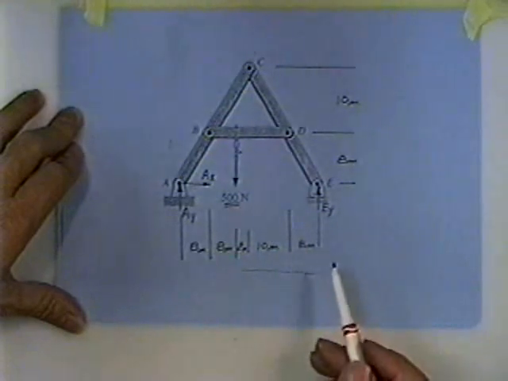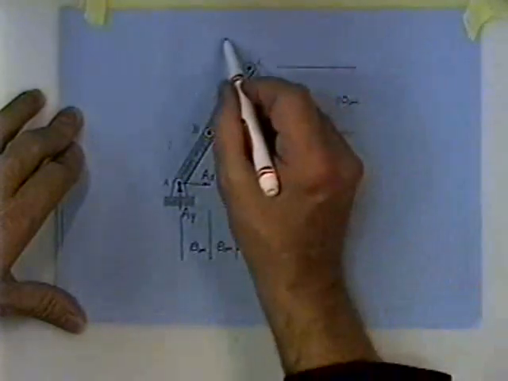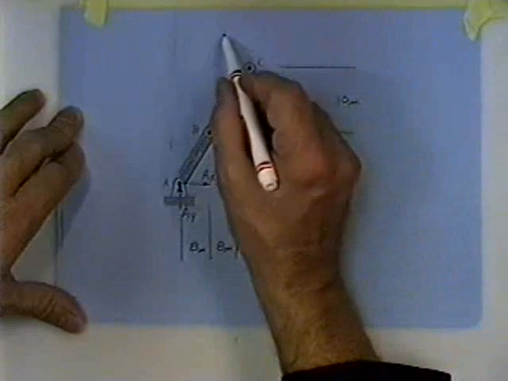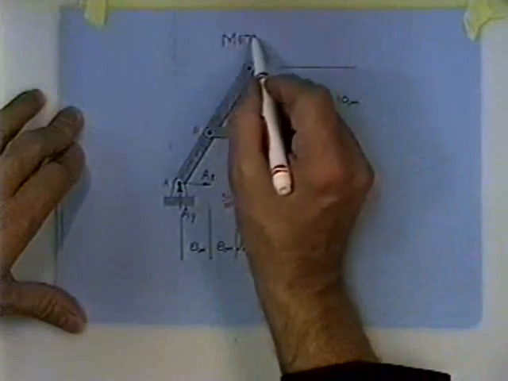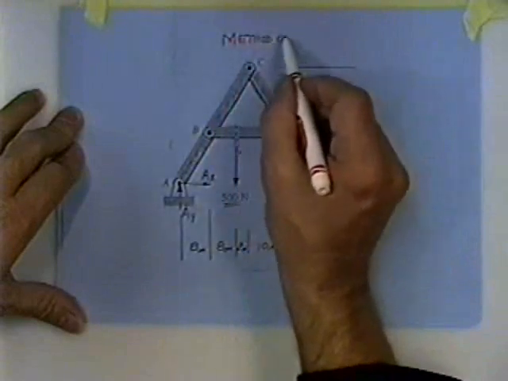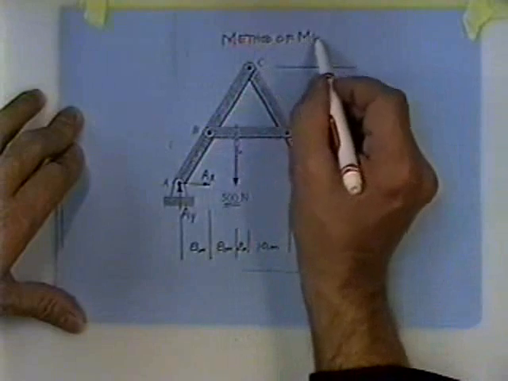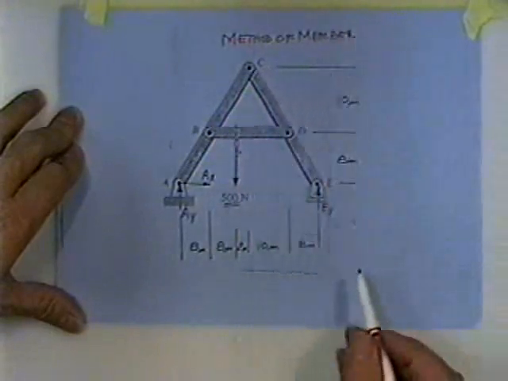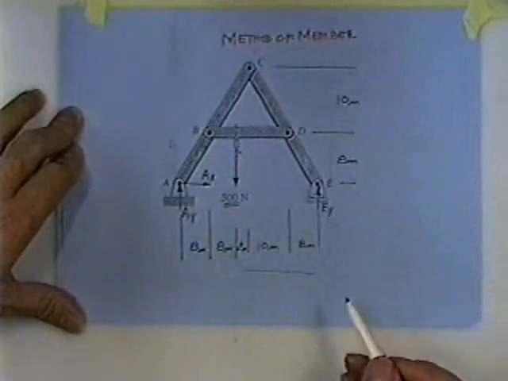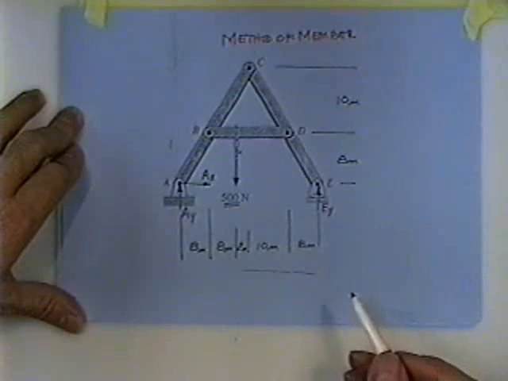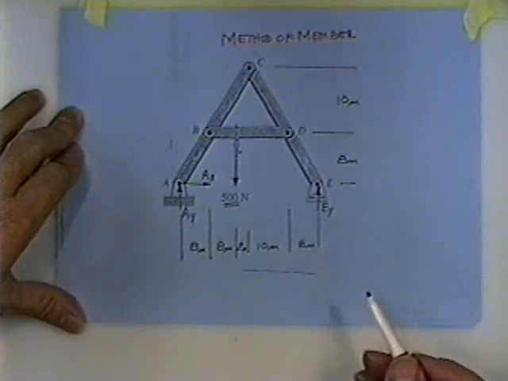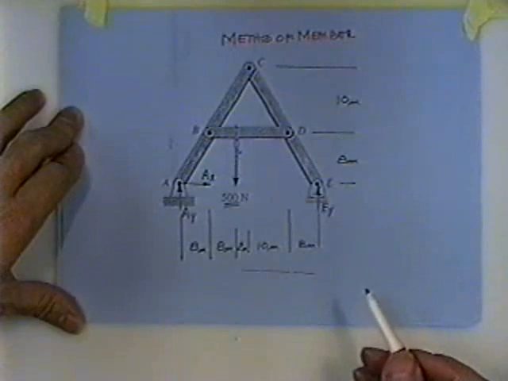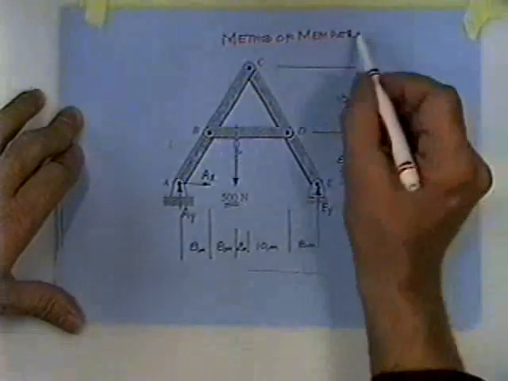In that case, the forces are solved by what they call the method of members. Method of members simply means instead of separating out a joint from the structure, method of joints, or separating out a chunk of the structure, a section, method of sections, you separate the members themselves, method of members.